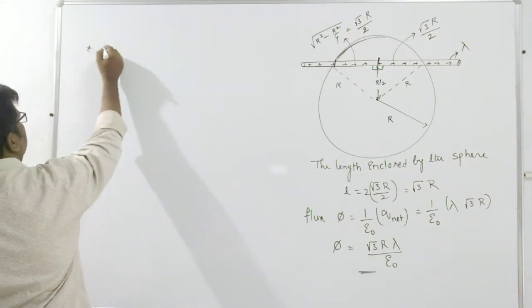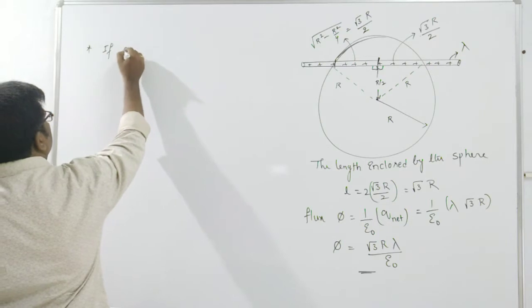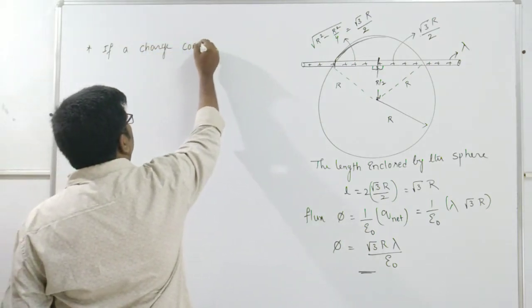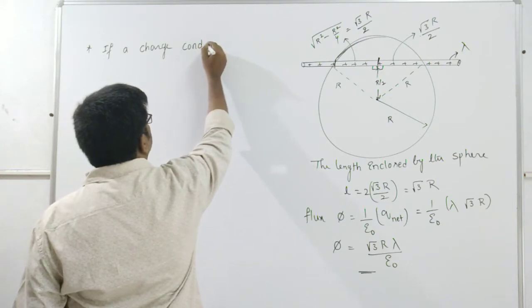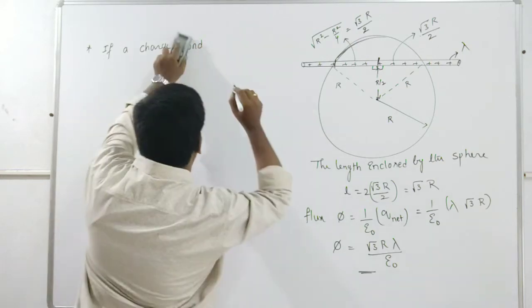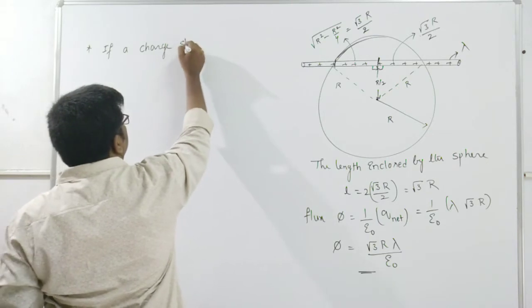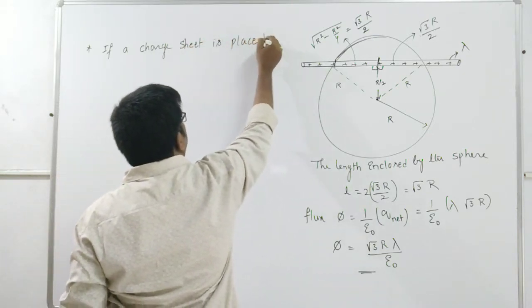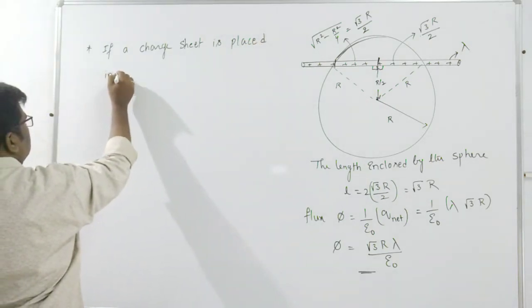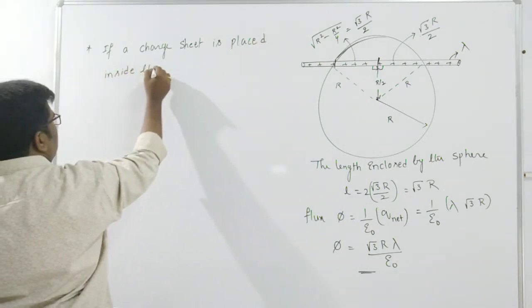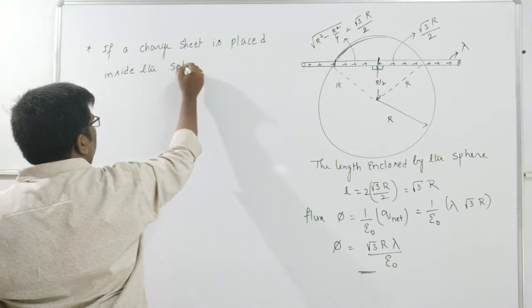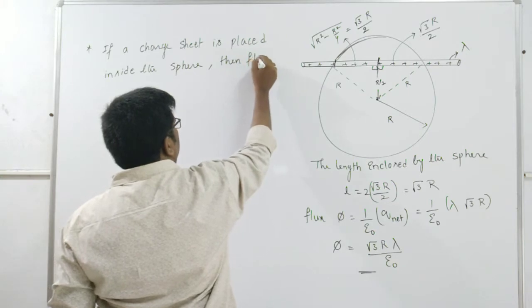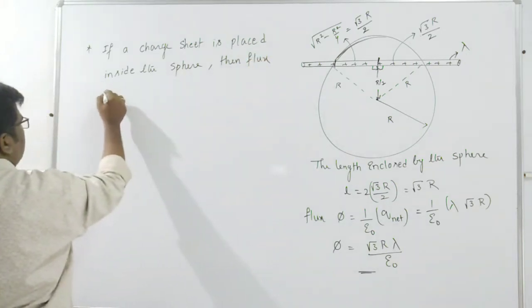So the next example is, if a charged non-conducting sheet is placed inside a hollow sphere, what is the flux through the sphere?